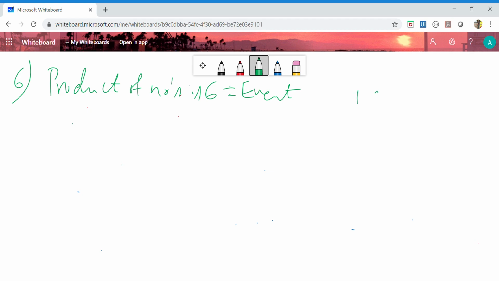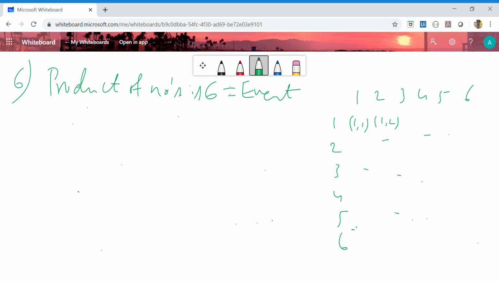Suppose 1, 2, 3, 4, 5, 6 are the outcomes of one die, and 1, 2, 3, 4, 5, 6 are the outcomes of the other die. Then what will you get? 1,1, 1,2, like this you will get. So what is the sample space?